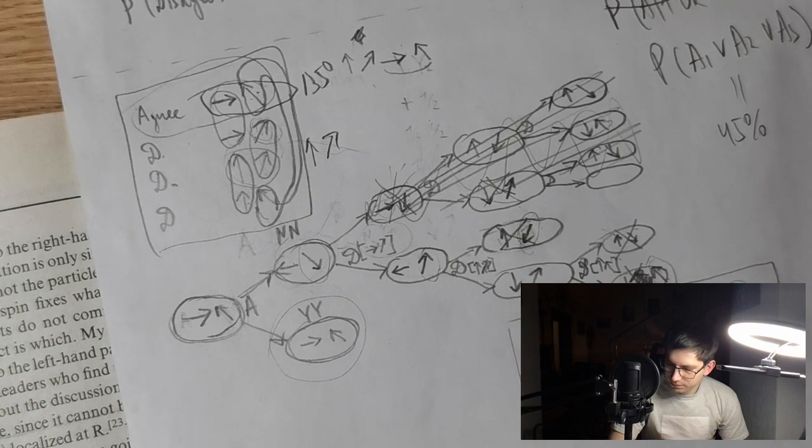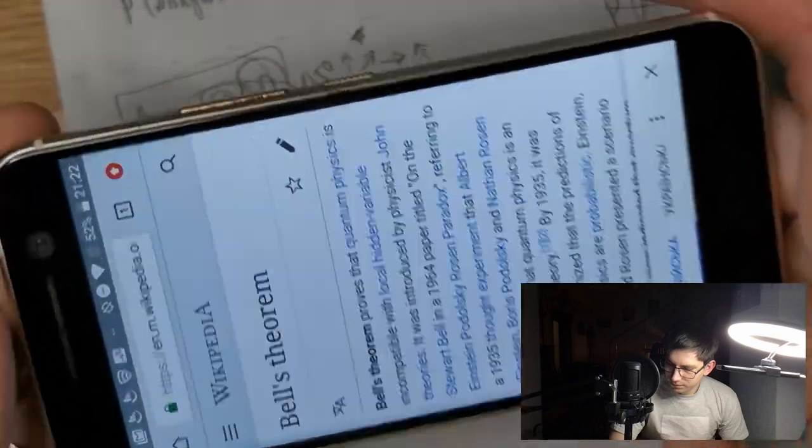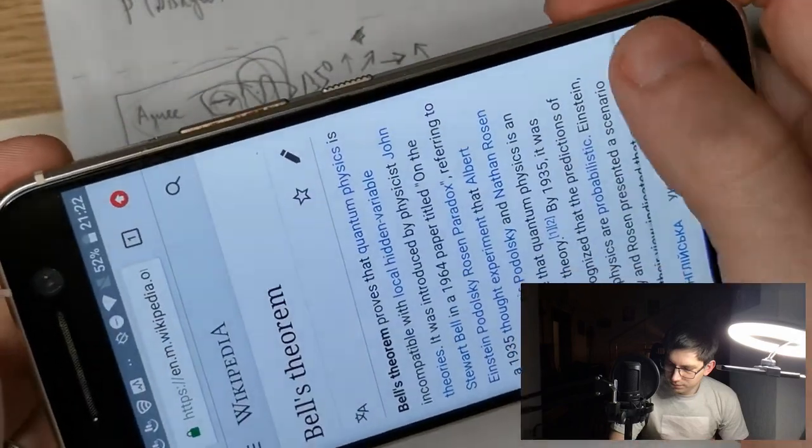For example, Bell's theorem, maybe that will suffice. One moment, I will switch to English because it's currently shown in Ukrainian.